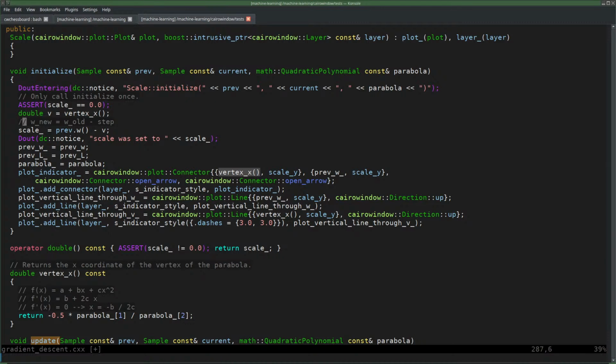And in this case, the new value is the vertex, and the old value is actually current, I'm afraid. However, now I changed my mind, and I think I should use previous instead of current here.